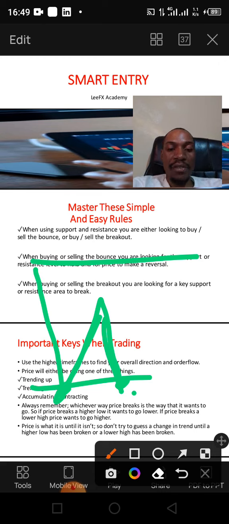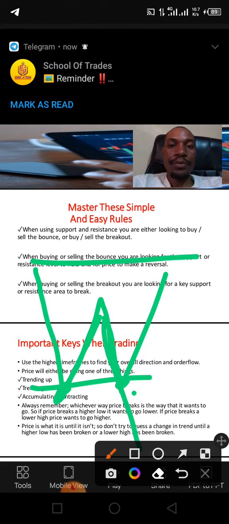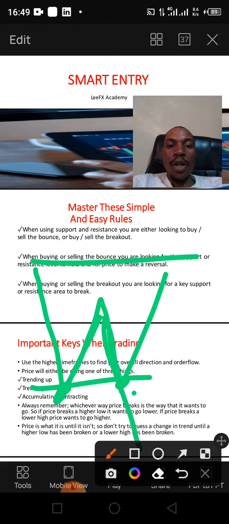But if it is a fake reversal, it will go back up. If it persists like that, you know that it has done a reversal. Then you go with it with buy. Okay, let us continue.